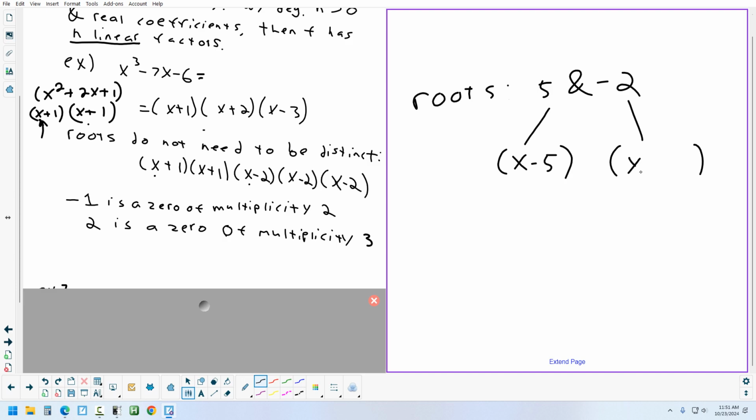X plus 2. So if you know the roots, you automatically know the factors. The factors are always this form: x minus, and then fill in what your root was. Now this one was -2, so it's x minus -2. That's why it became plus 2.